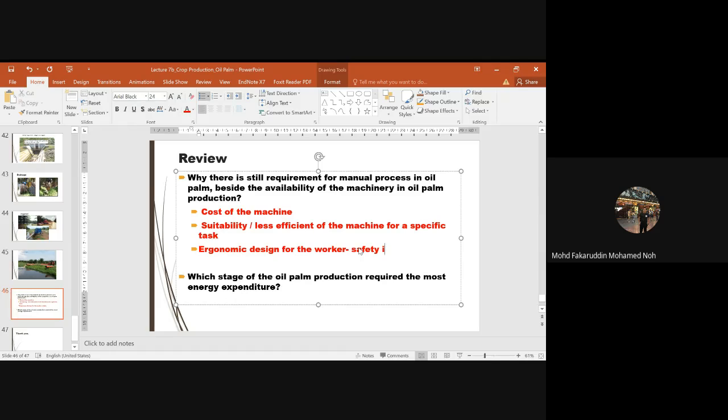Lack of skilled workers to operate the machine. Skilled workers, what? Skill worker. Skilled workers. High skill workers. Skilled workers. Okay. So meaning that a lack of skilled workers will make you choose the manual method, or what?